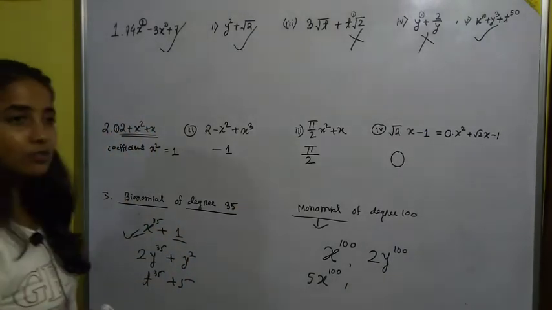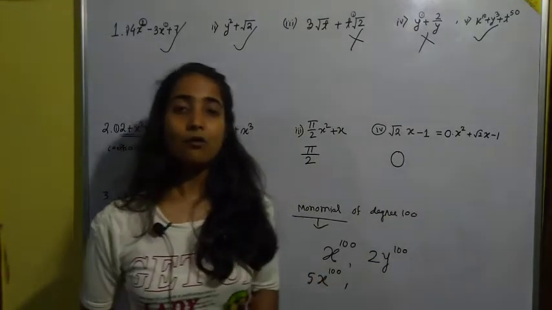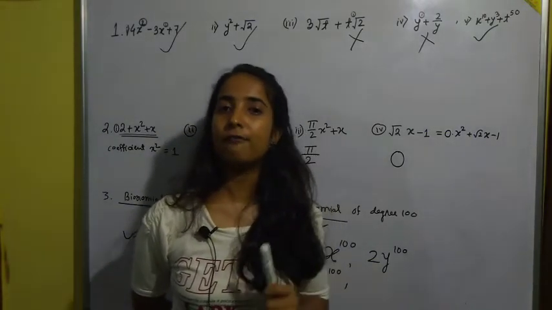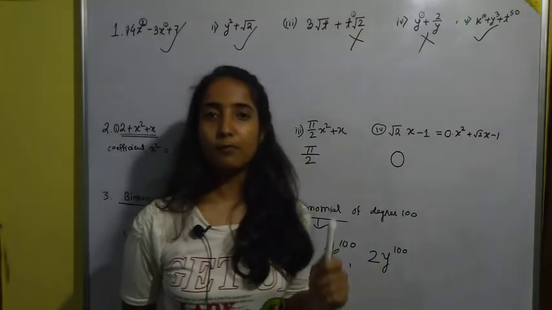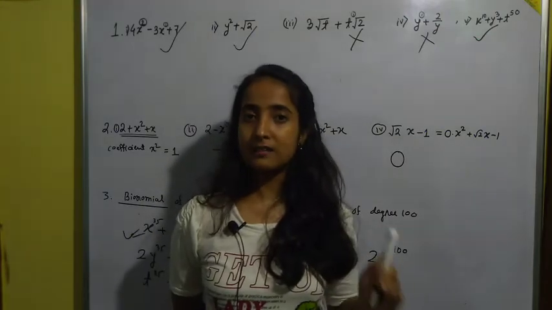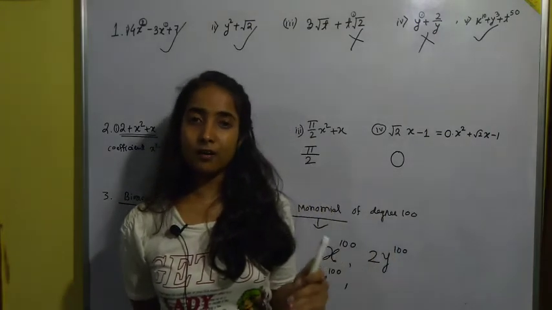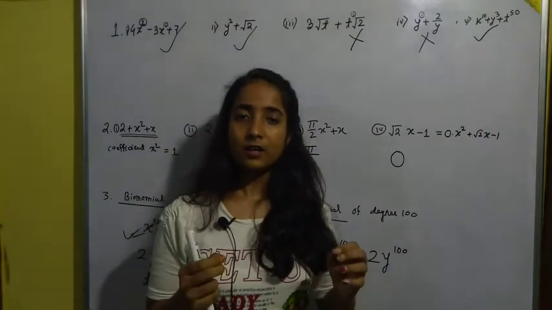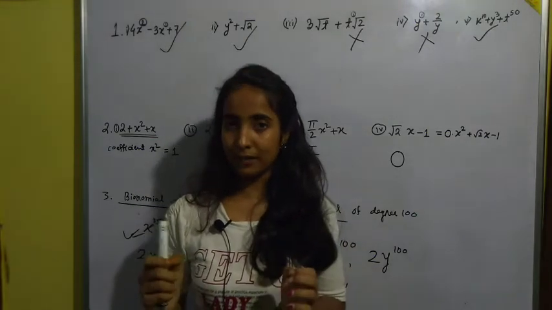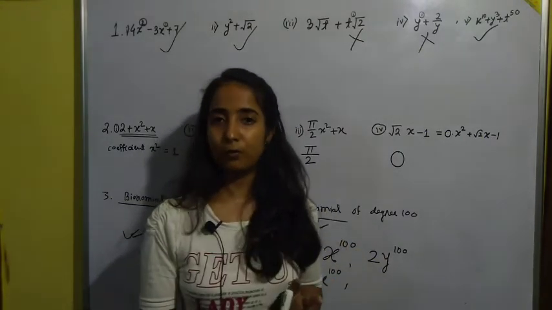Okay, now questions number 1, 2 and 3, all of these questions are done. Now you have to do question number 4 as well as question number 5. In question number 4, there are some given polynomials and you have to find the degree of those polynomials. And in the fifth question, there are some given polynomials and you have to classify them into linear polynomial, quadratic polynomial and cubic polynomial.